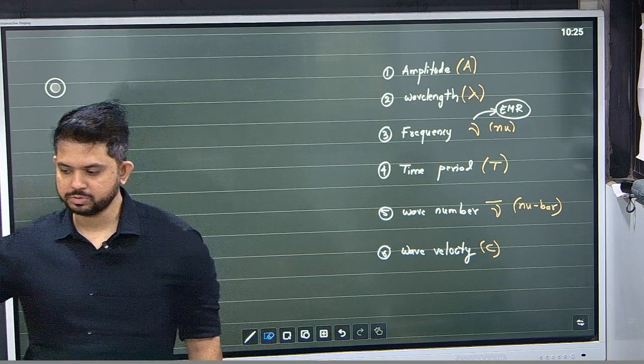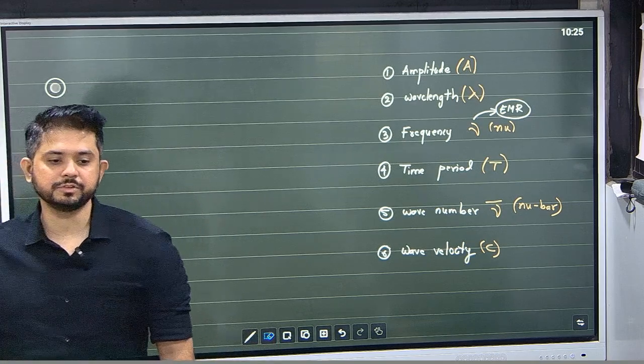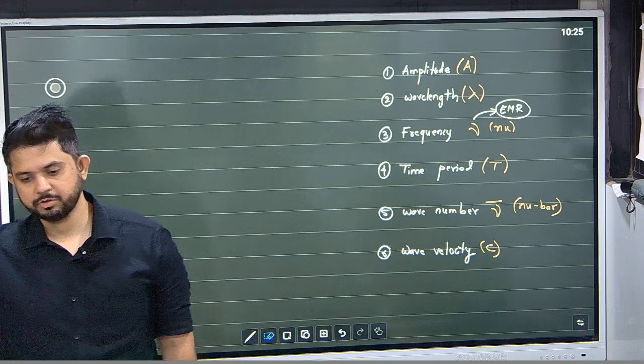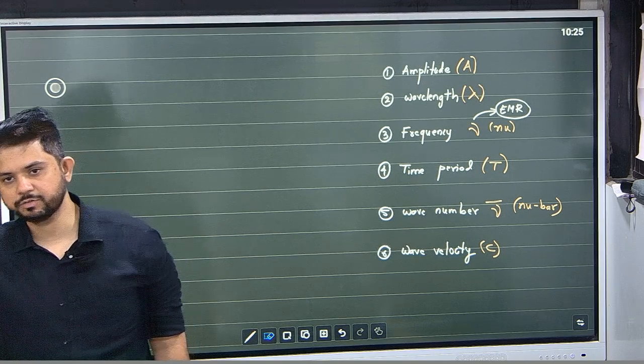It also determines the intensity of the wave.